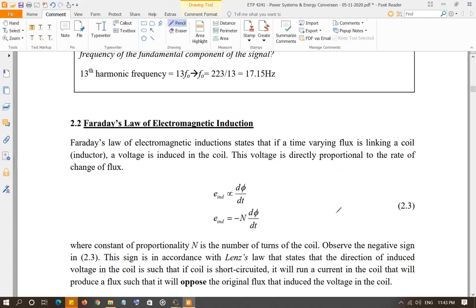Faraday's law of electromagnetic induction is the basis of all generators. Basically, what it states is that anytime you have magnetic flux that is changing with respect to time, an alternating flux or any flux that is changing with respect to time, and if this flux is linked with a coil, then a voltage is going to be induced in this coil.